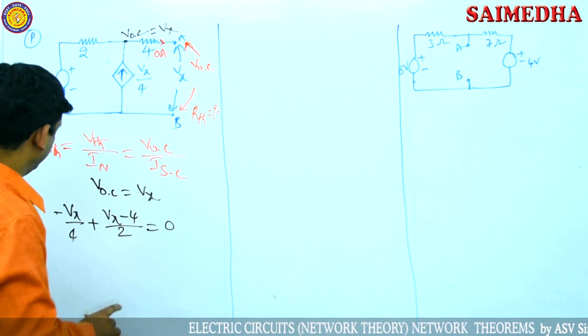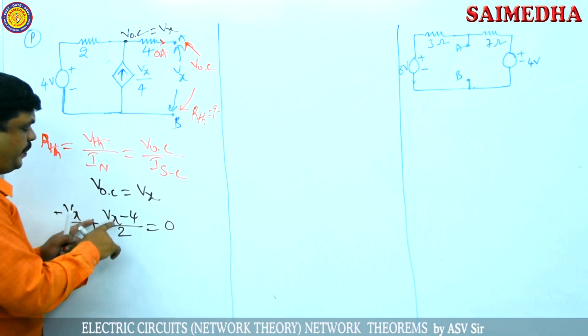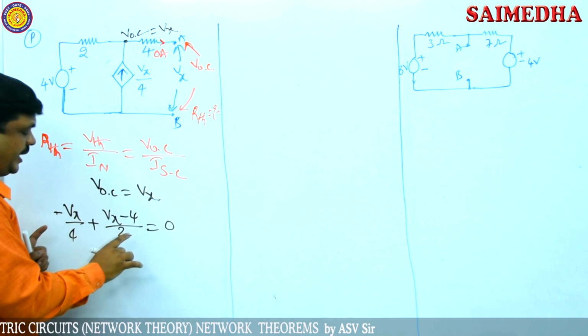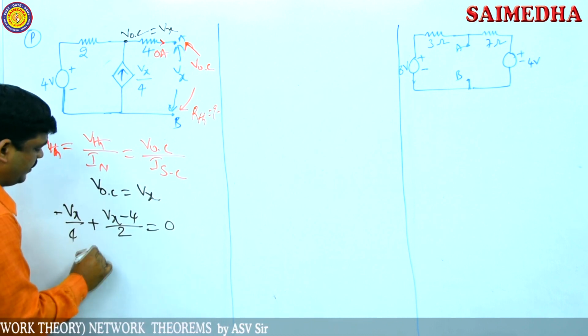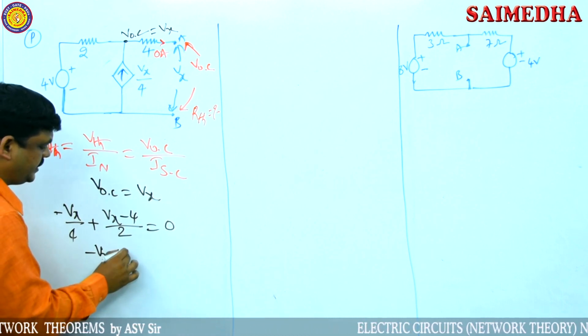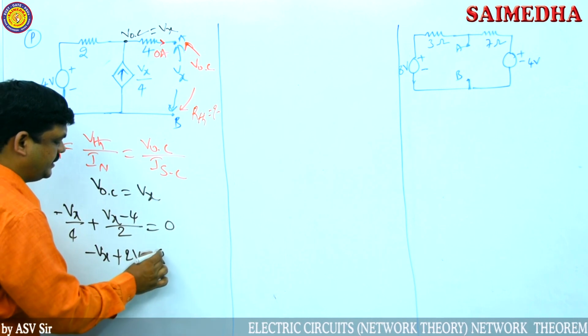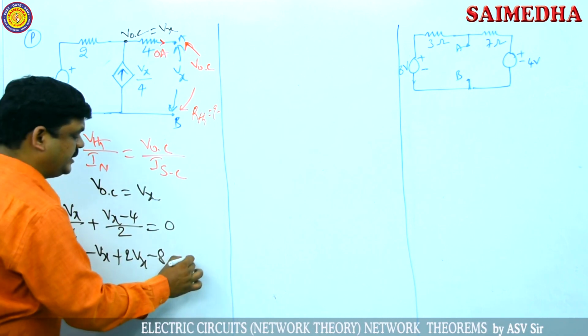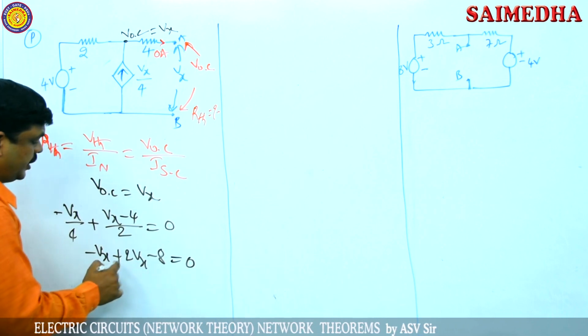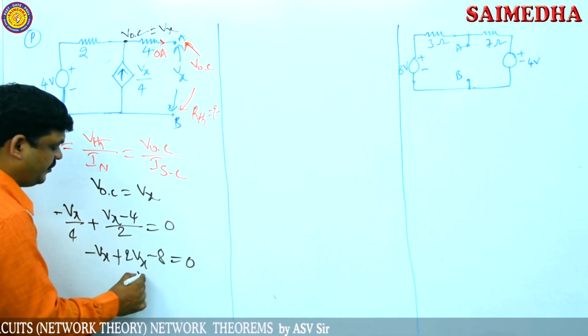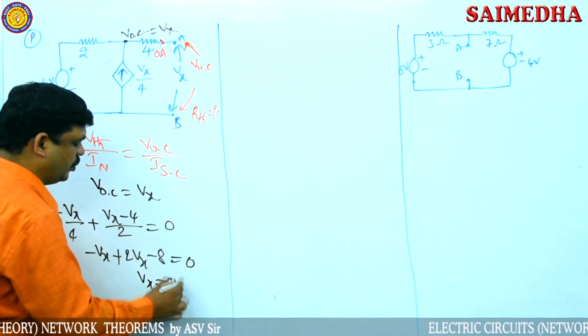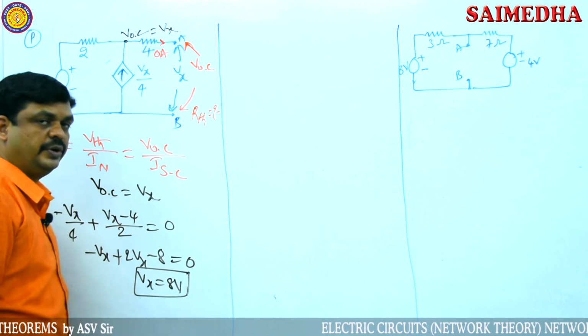Simplify this: minus Vx by 4 plus Vx by 2 minus 4 by 2. Take the LCM, 4. So minus Vx plus 2Vx minus 8, because 2 multiplies here, equals 0. Then 2Vx minus Vx becomes Vx, so Vx is equal to 8 volts.